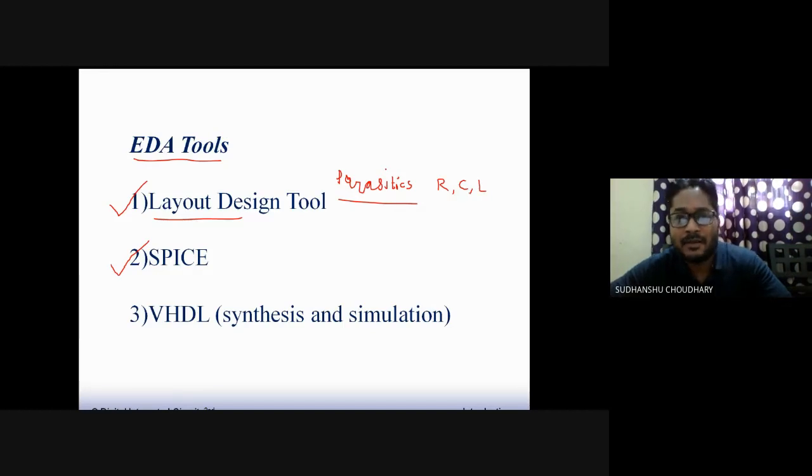So you will extract these parasitics from whatever layout you have drawn in the layout design tool, and then use them in your circuit in the SPICE simulation.